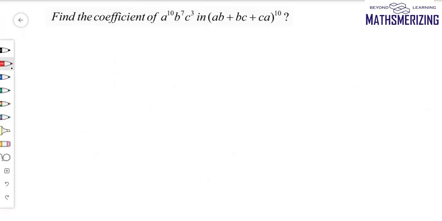Find the coefficient of a to the power 10, b to the power 7, and c to the power 9 in the expansion of ab plus bc plus ca to the power 10.